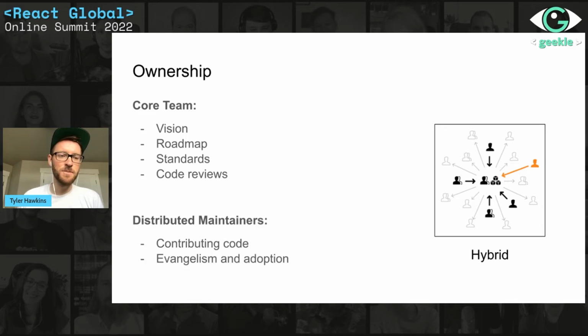And then the distributed maintainers, these are people that are contributing to the design system. They may be contributing new features. They may be helping fix bugs. And they're really helping with the evangelism and the adoption of the design system as they work on the actual product and features throughout the company, and the features that the company is actually working on building with the design system.